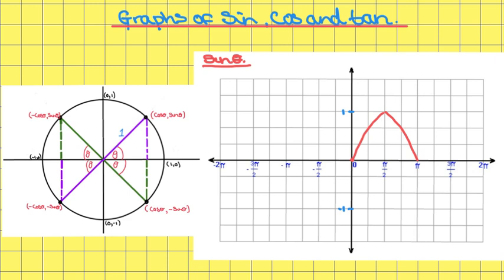Then it is negative and going up to -1 at 3 pi over 2 degrees, and then it is still negative, but it is rising as it gets to 2 pi or 360 degrees.